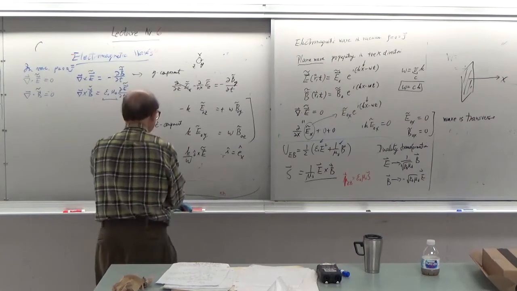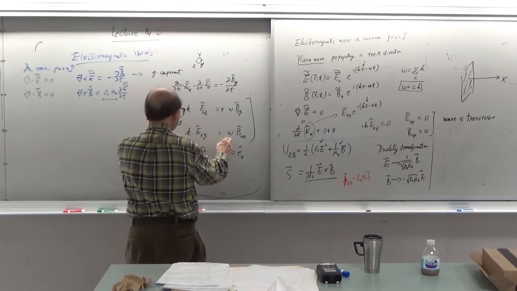Let me check. Okay, so that k over omega is taken care of.